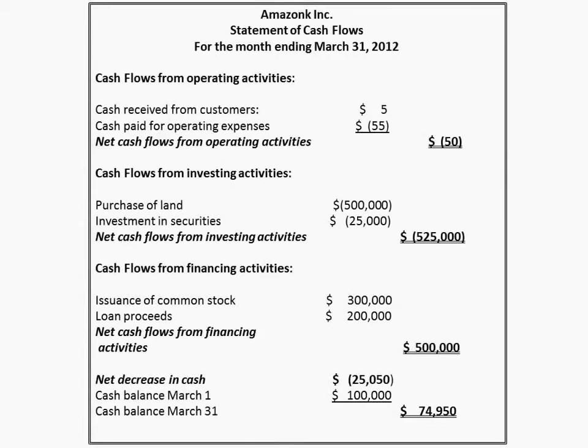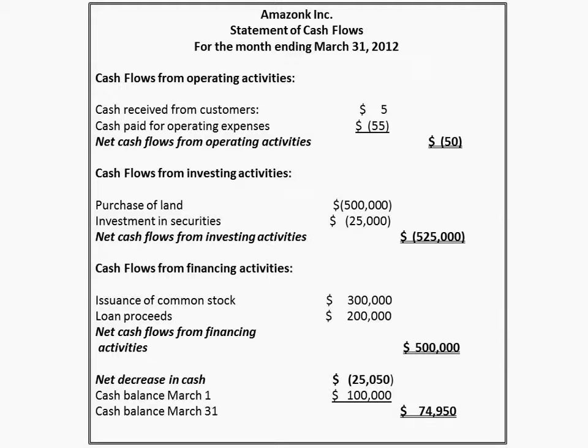So if you were to take these three pieces in total that we just went through and create a statement of cash flows: from operating, cash received from customers 5, cash paid for operating negative 55, gives us cash flows from operating activities of negative $50. Cash flows from investing, we have our purchase of land and our investment in securities, with net cash flows from investing of negative $525.